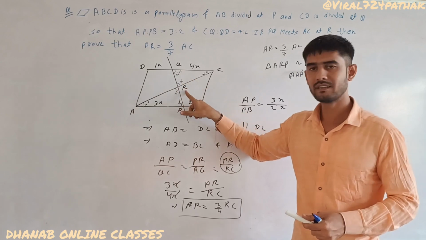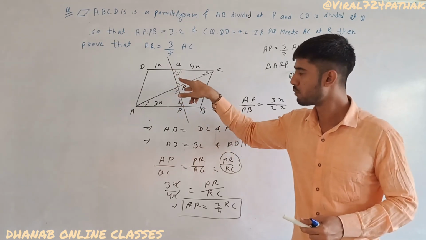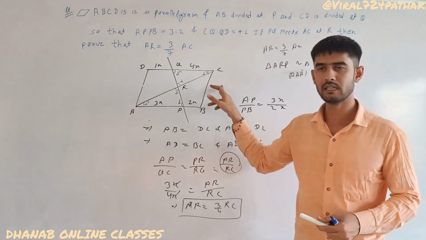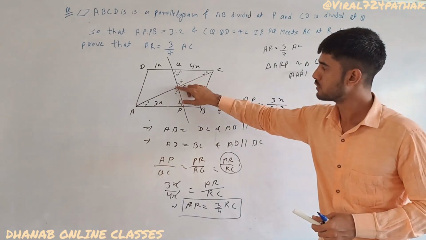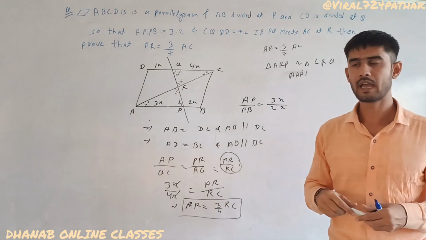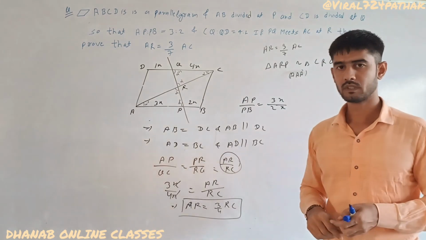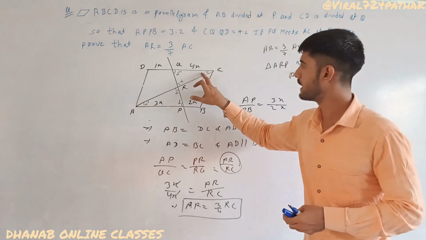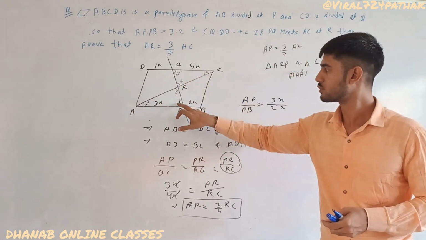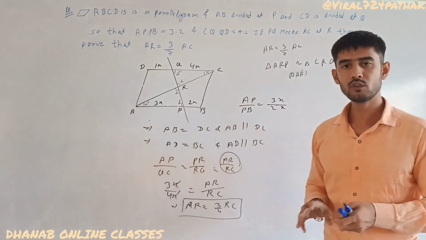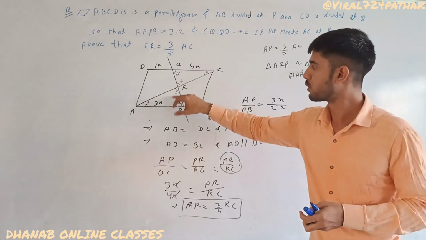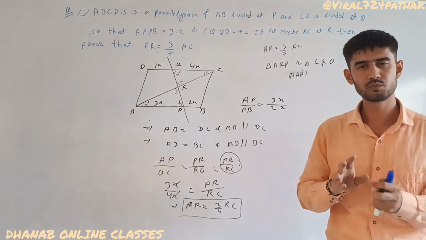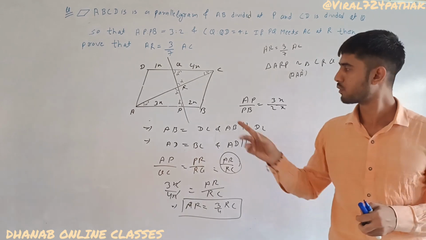Now R is the point where both lines PQ and AC meet. This angle is an opposite angle, so by the angle property this will be the same. This is an alternate angle, this is also an alternate angle, will be the same. You can use the angle property to prove them as similar.